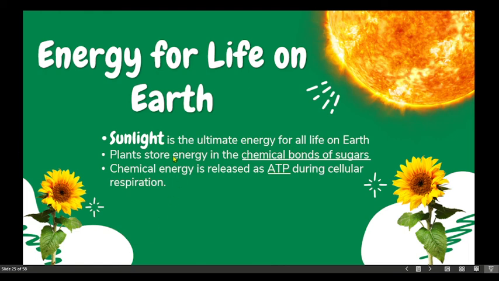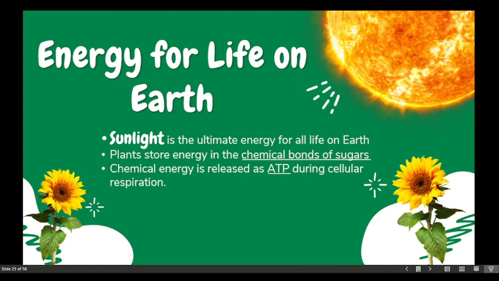Plants store energy in the chemical bonds of sugar. That is why for plants, it is very important to synthesize these sugars or carbohydrates, because that's where they store energy. And then chemical energy is released as ATP. What does ATP stand for? It means adenosine triphosphate. We will encounter more of ATP in the next videos for photosynthesis and cellular respiration.